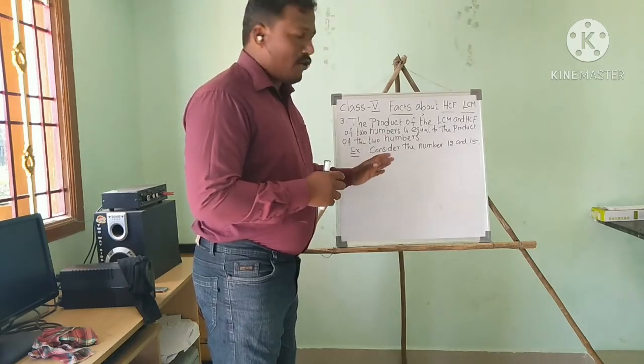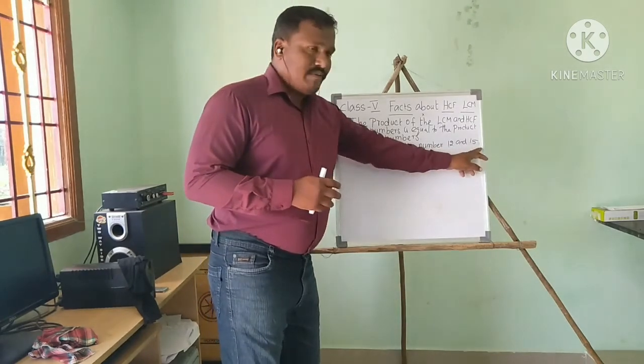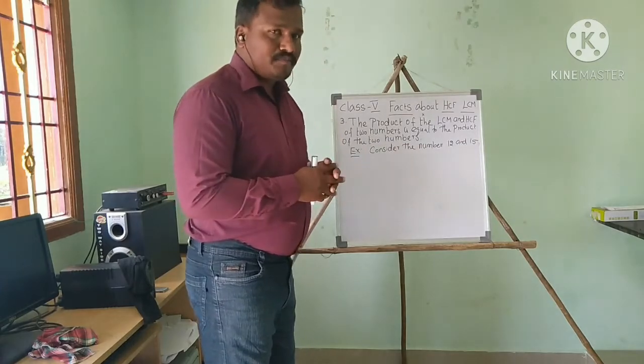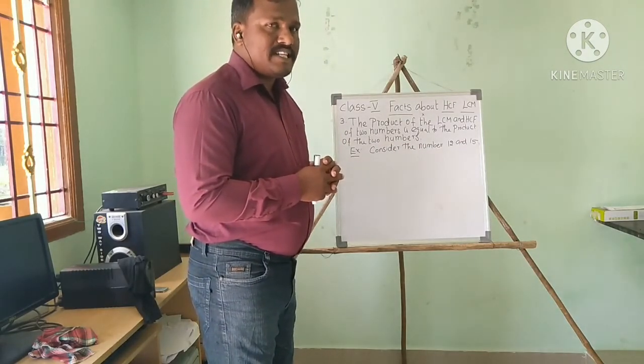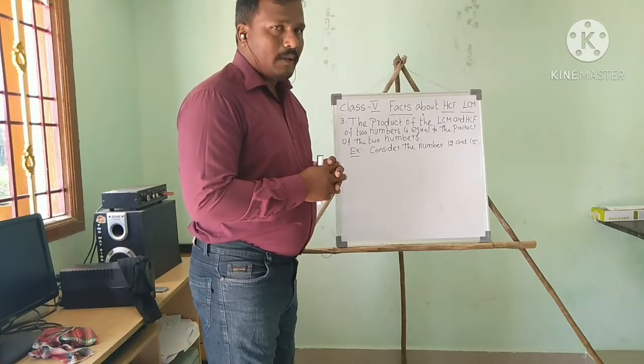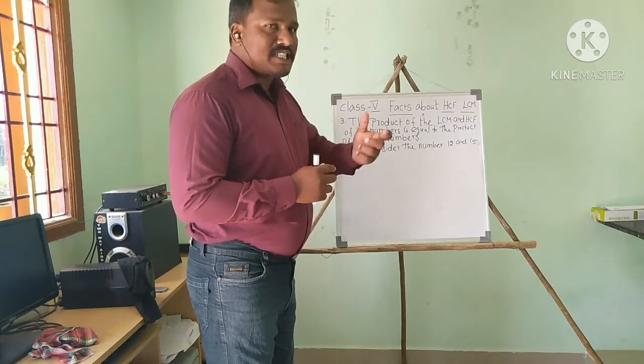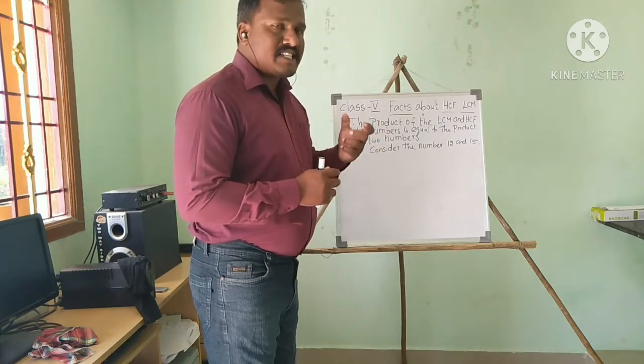See, first of all I will find the HCF of 12 and 15. You know how to find HCF. HCF means highest common factor. You know what is a factor and what is a multiple, because we discussed it many times in many videos.